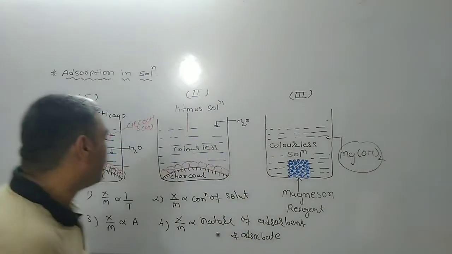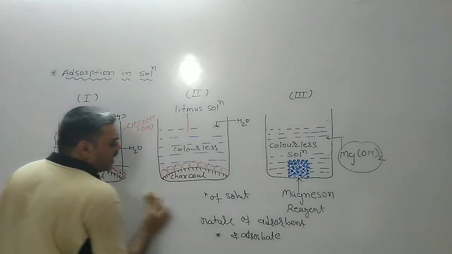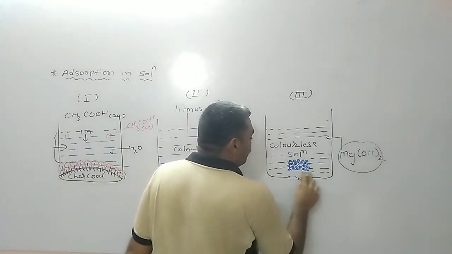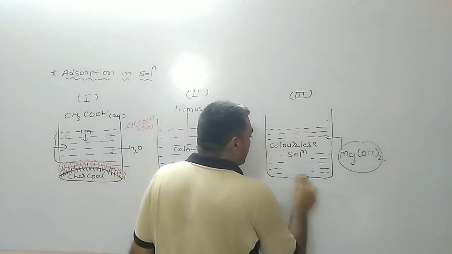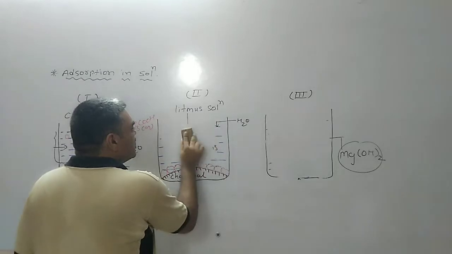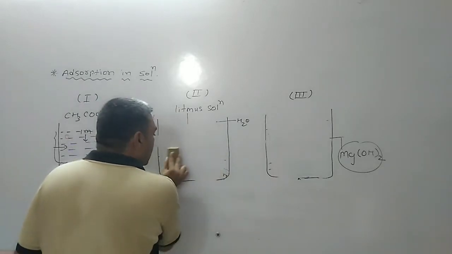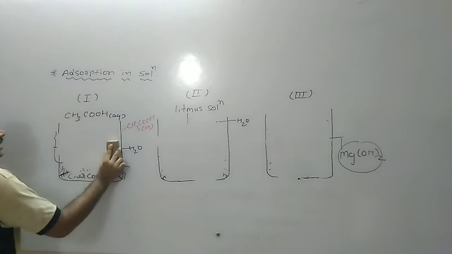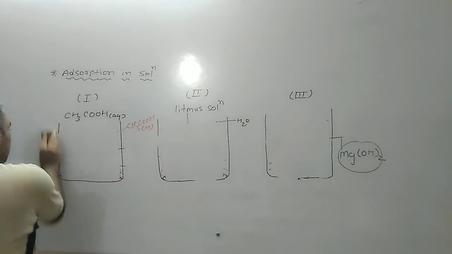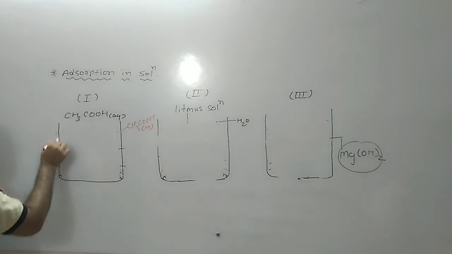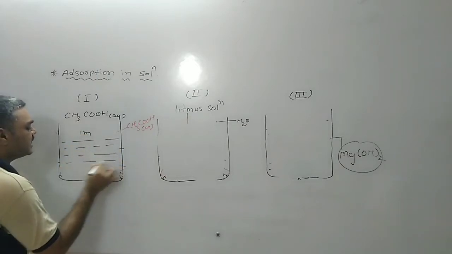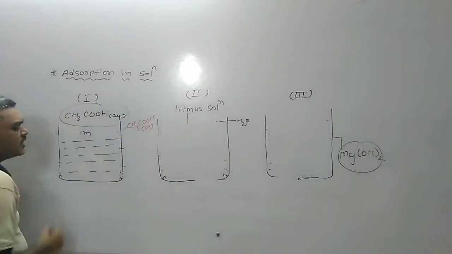One more experiment you will find with these things, and then you will be clear about how area is also affecting adsorption. You will perform it with these three beakers. You will take the same concentration of acetic acid. Suppose you take a 1 molar solution of acetic acid, CH3COOH aqueous solution.